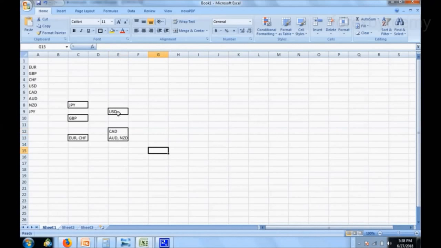For instance, AUD CHF, NZD CHF and CAD CHF should be going in the same direction. If one is going up, the others should be going up. That's when all three are showing strength, their superiority over the Swiss franc.